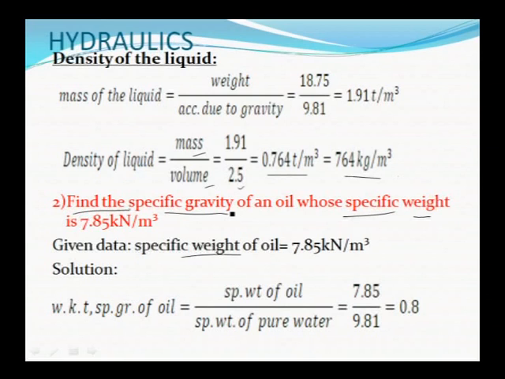We know that the specific gravity of oil is equal to specific weight of oil over specific weight of pure water. Now, substitute the values. Specific weight of oil is 7.85 and specific weight of pure water is taken as 9.81. So, this gives you 0.8. No units for specific gravity.